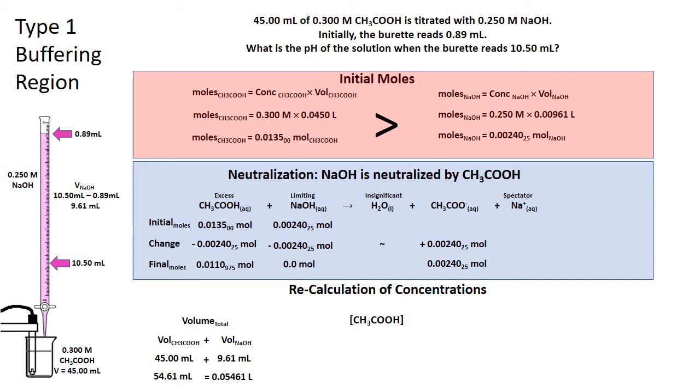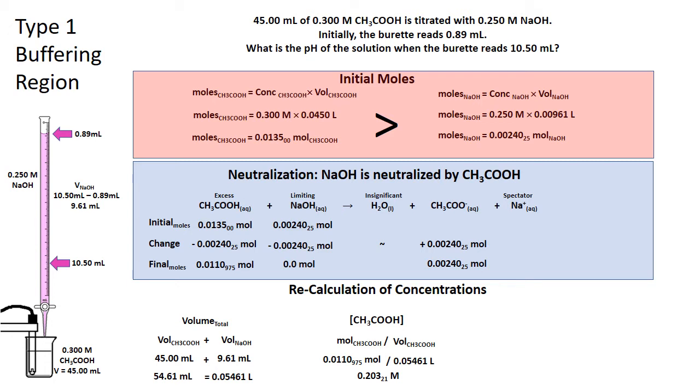This will have changed because some of it got neutralized and the volume was changed as a result. And so we take the moles of the acetic acid and divide by the volume of the acetic acid solution, which is the total volume of the solution. Putting the numbers in from above, we had 0.0110 moles of acetic acid that were left, and we divide by this new total volume that we've just calculated, and we determine that the concentration of the acetic acid after this neutralization takes place is now 0.203 molar.